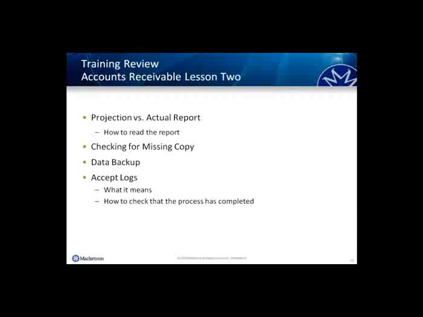To review what we've covered in Accounts Receivable Lesson 2, we learned about the projection versus actual report, what it is, and how to read it. We checked for missing copies so that our invoices will not show any unassigned copy. We learned how to do a data backup, how to accept our logs, what that process means, and how to make sure that that process has completed.